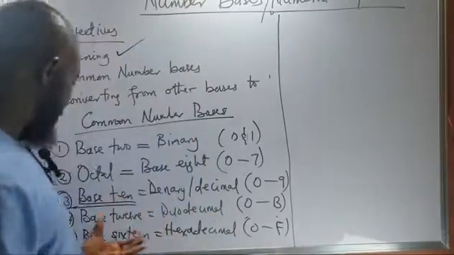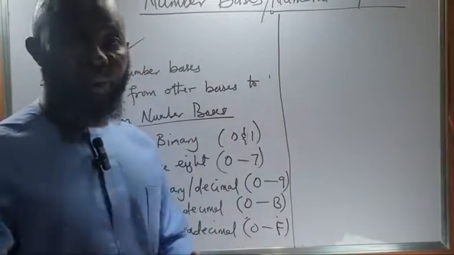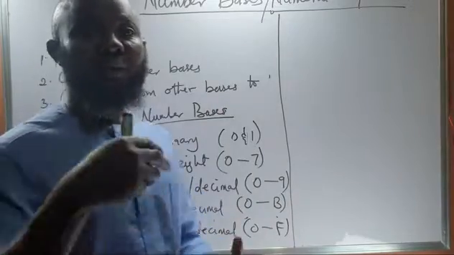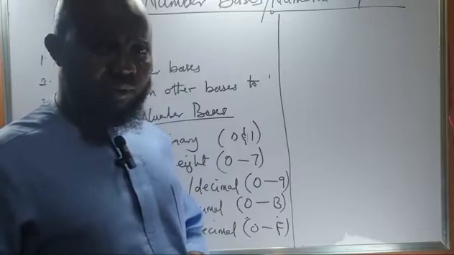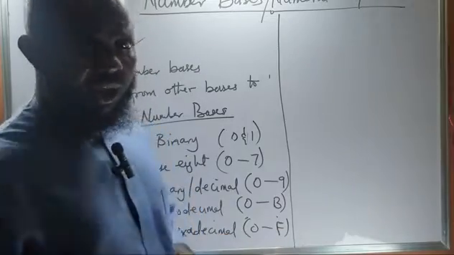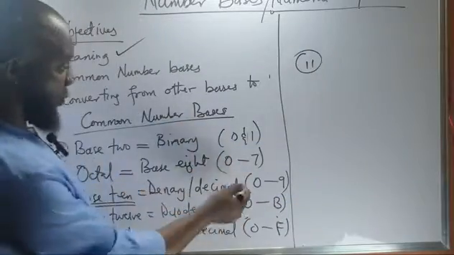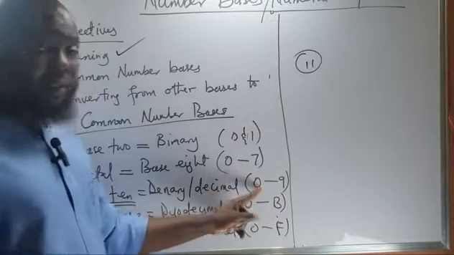So now we want to go beyond base 10. We want to move to base 12. And I said earlier on that the highest digit we can see in a base is that base minus 1. So if we're going to base 12, the highest you can see in base 12 is 11. But why are we not going to write 11 down? It's not a single digit, it's 2 digits. If you put 11, 1 1 down, it will fall under base 10, because 11 falls under base 10.